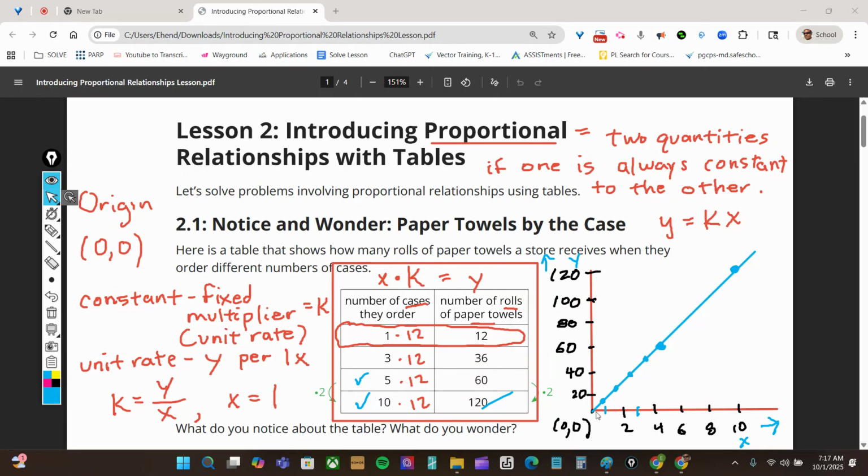So 1 on the x-axis times 12 will give me 12 on this y-axis. 3 on the x-axis times 12 will give me 36 on the y-axis. That's kind of why it's written like this, because anything we multiply times the constant, which in this case is 12, will give us our y-axis output. Okay?